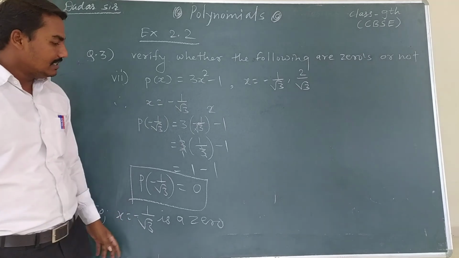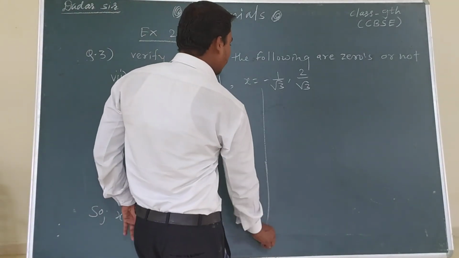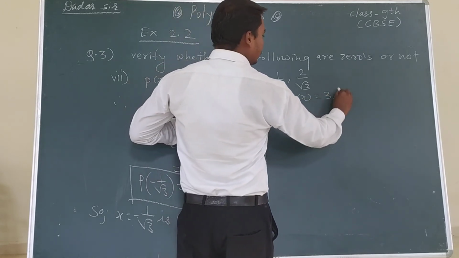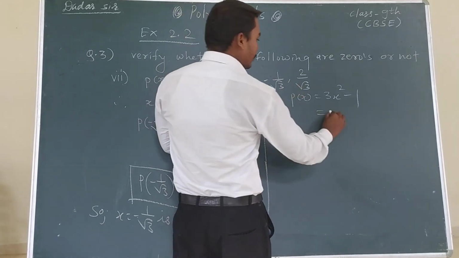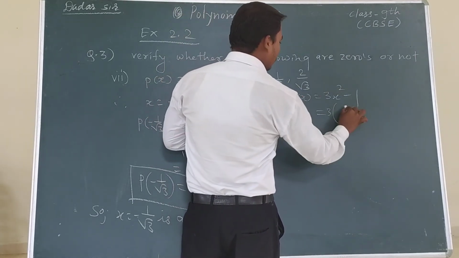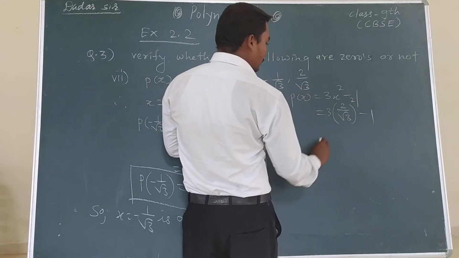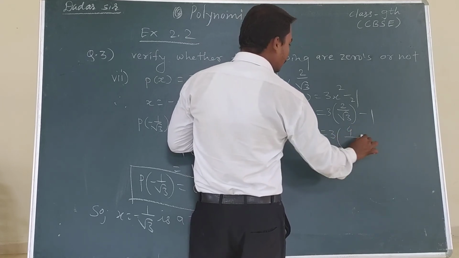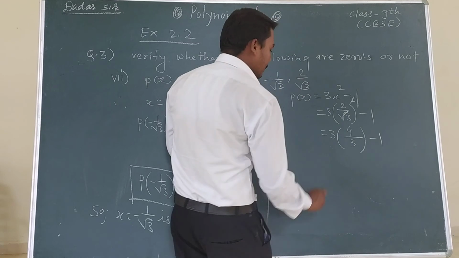Now we have to see the second. P of x is equal to 3x square minus 1. We have to put the second value. So 3 into 2 by under root 3 square minus 1. 3 as it is, the square of 2 is 4, and the square root gets squared, so 3 minus 1.